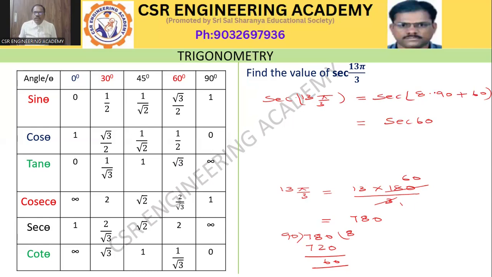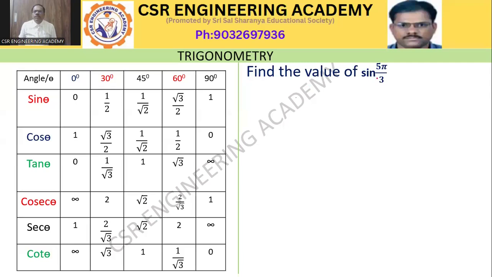Coming to the quadrant, the multiple of 90 is 8 plus 1, 9. 1, 2, 3, 4, 5, 6, 7, 8, 9. First quadrant. In the first quadrant, secant theta is plus. Secant 60 value is 2.